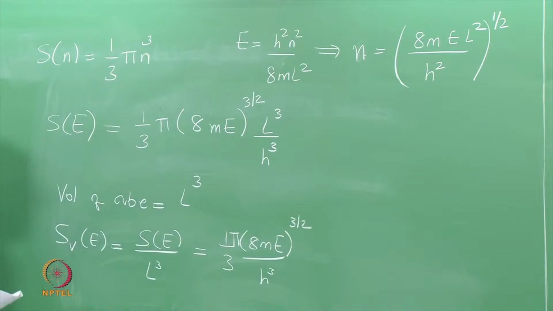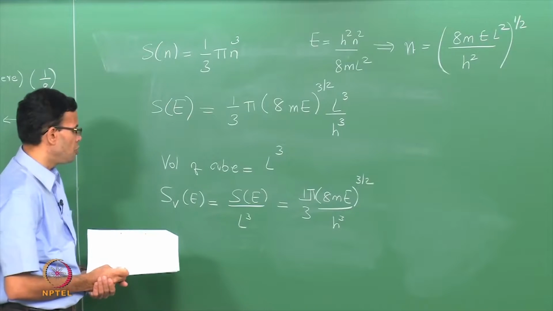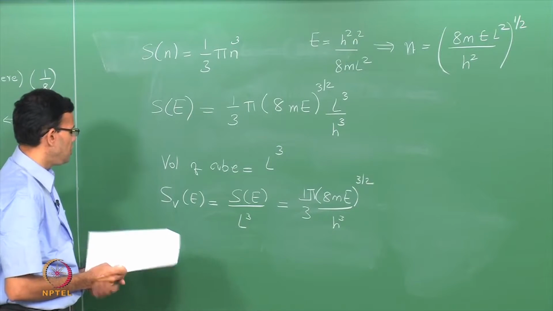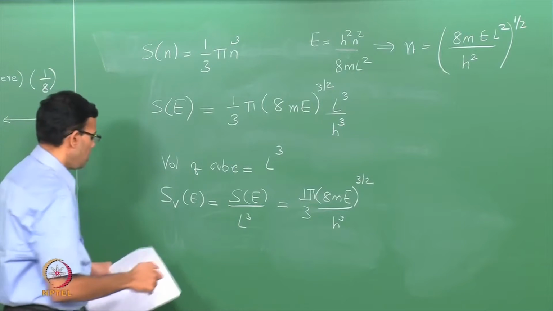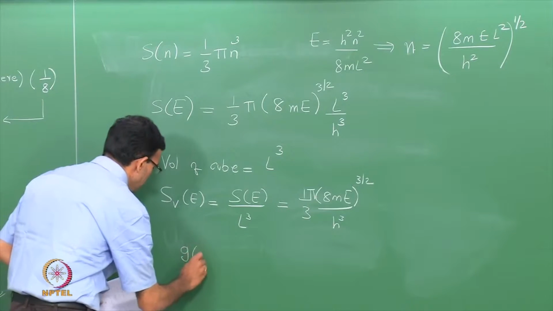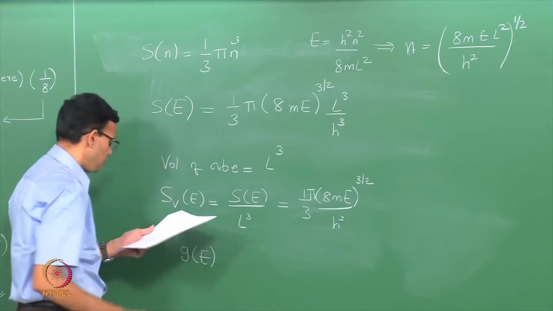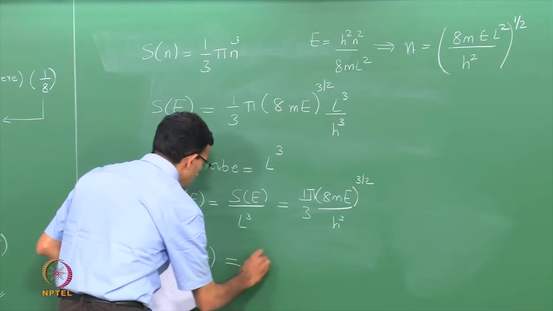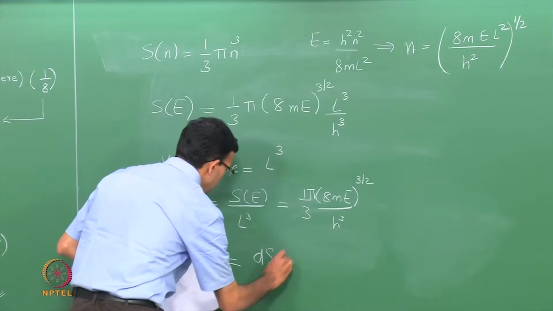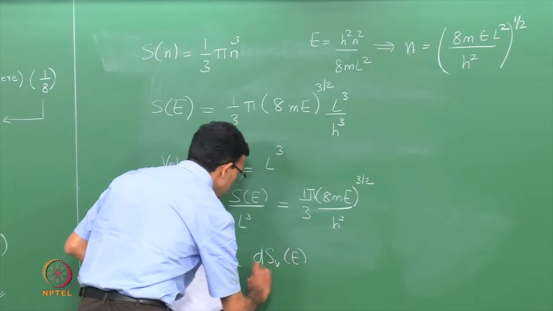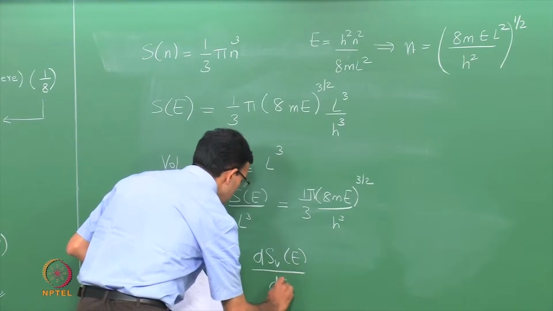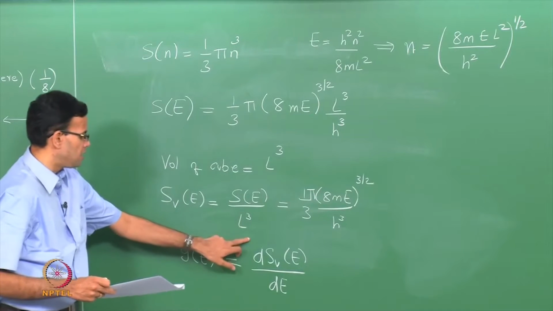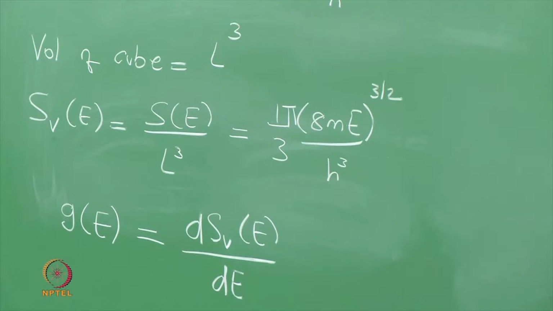So, this gives the total number of states per unit volume having energy less than E. If you want to find the density of states, which is G of E, it is nothing but the differential of the total number of states, dSV over dE.